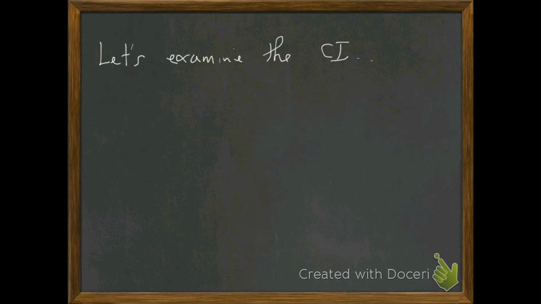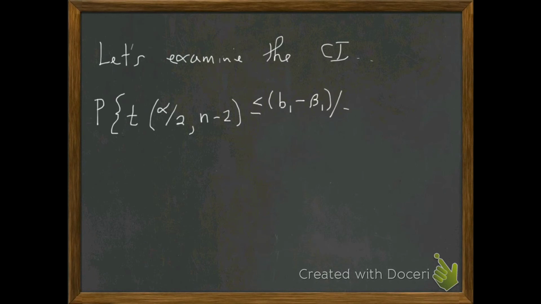So if we look at the probability of t of alpha over 2 given n minus 2 degrees of freedom, and we want that less than our test statistic of b1 minus b1 divided by the standard error for b1 to be less than t of course, 1 minus alpha over 2, n minus 2.